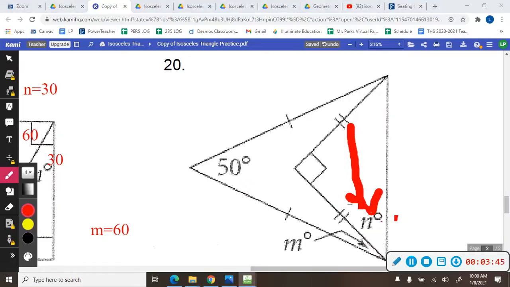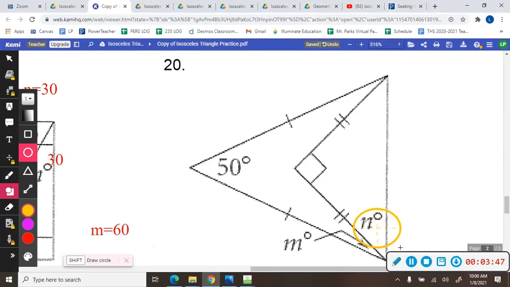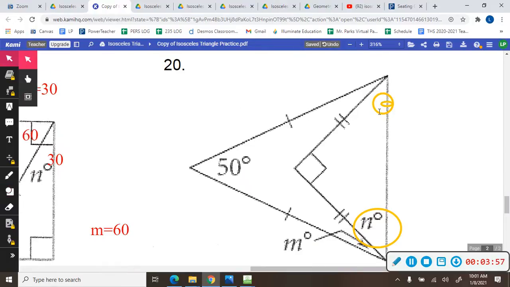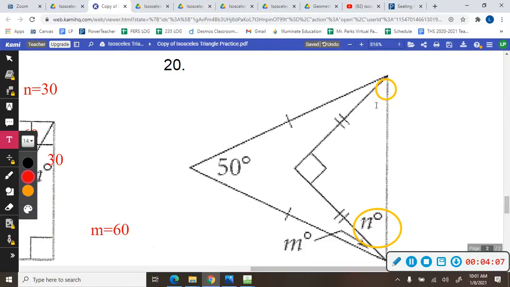So I know that this angle and this angle are congruent. So if this is n, then this one would also be n.